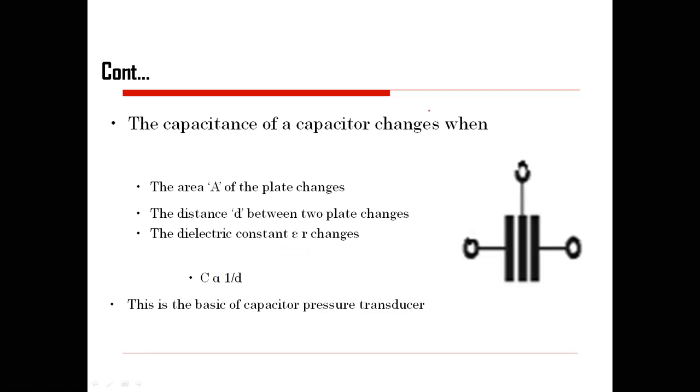So these are the structure of capacitive type sensors: the capacitance of the capacitor changes when the area of the plates varies, when the distance between the two plates varies, or when the dielectric constant epsilon r changes, and C is directly proportional to 1 by d. The only difference is that capacitance will increase when displacement is decreased.